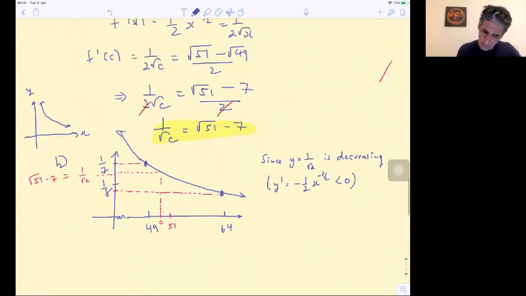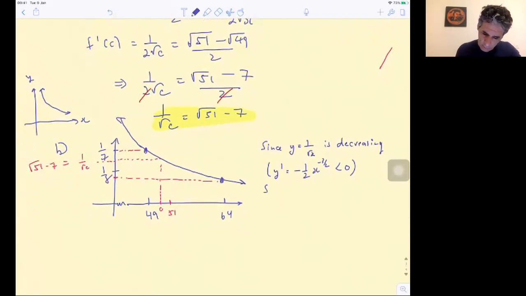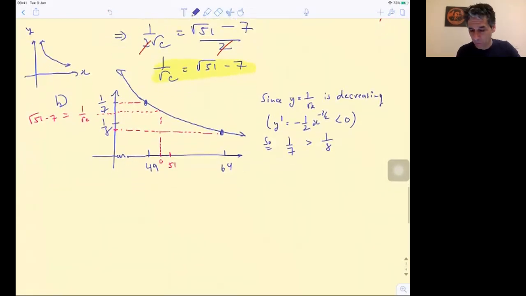So that's why y is decreasing. So we know that 1 over 7 is going to be greater than 1 over 8. We actually know that anyways.